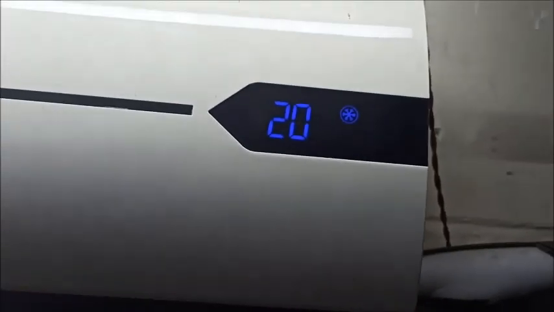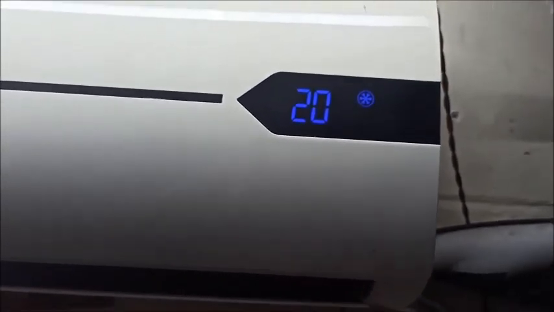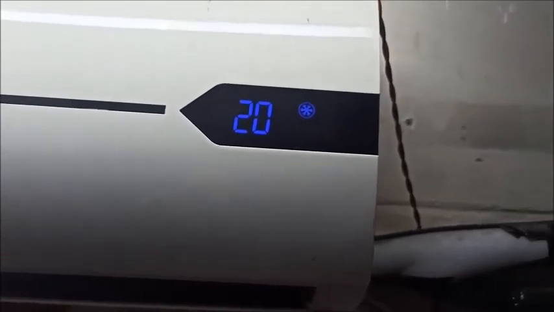So we can change the temperature. Accordingly, the sensor which is fixed, after sensing the temperature, switches off the chilled water supply to the system. Only the fan will rotate but not the air. As soon as the temperature again increases, the sensor will switch on the flow of chilled water in the system.